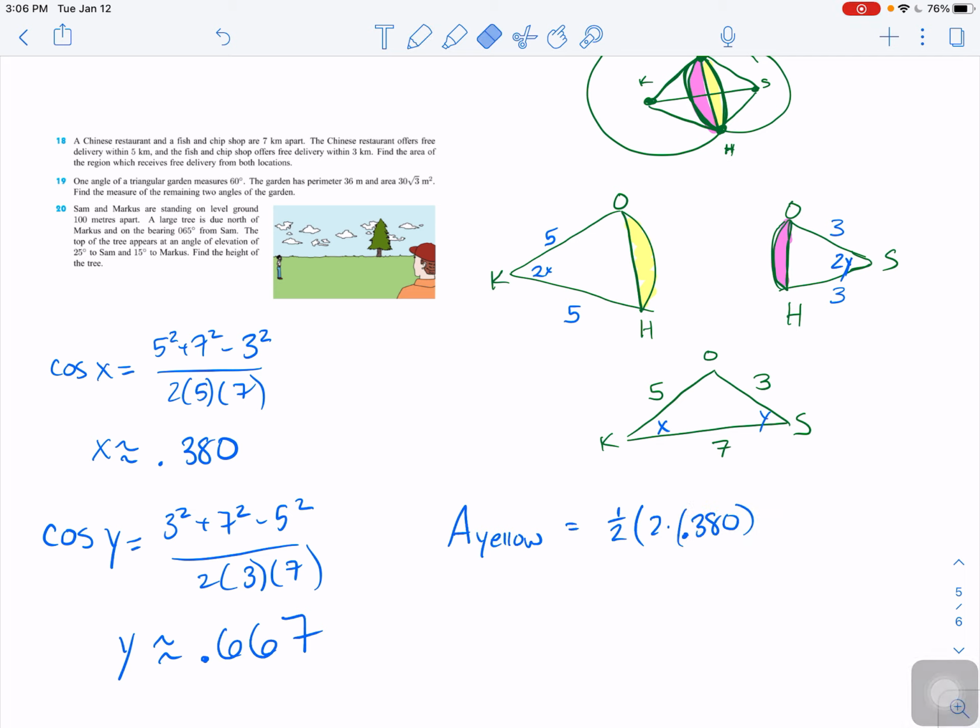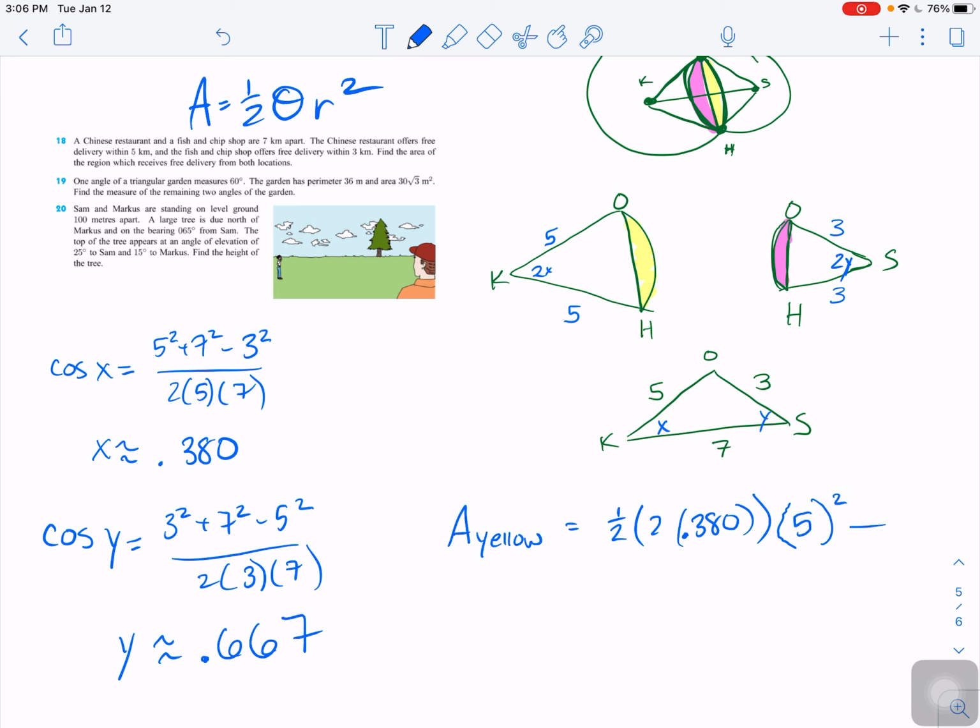Oh, yeah, there we go. Okay. So my new theta is 2 times this value, but I was too lazy to multiply it out because I noticed that my 1/2 and my 2 would cancel. So my sector area is 1/2 theta r squared when I'm in radians. So that's 1/2 theta, and then my r value is 5 squared.